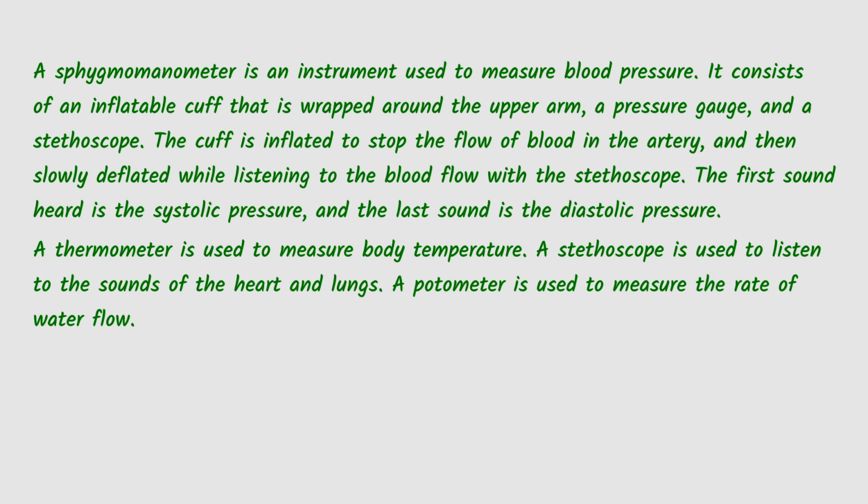It consists of an inflatable cuff that is wrapped around the upper arm, a pressure gauge and a stethoscope. The cuff is inflated to stop the flow of blood in the artery and then slowly deflated while listening to the blood flow with the stethoscope. The first sound heard is the systolic pressure and the last sound is the diastolic pressure.